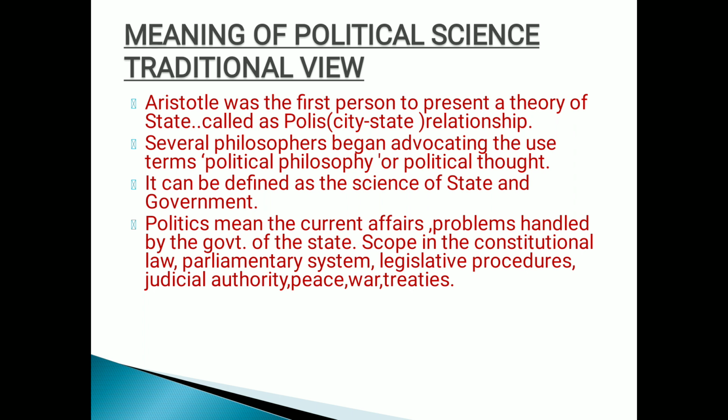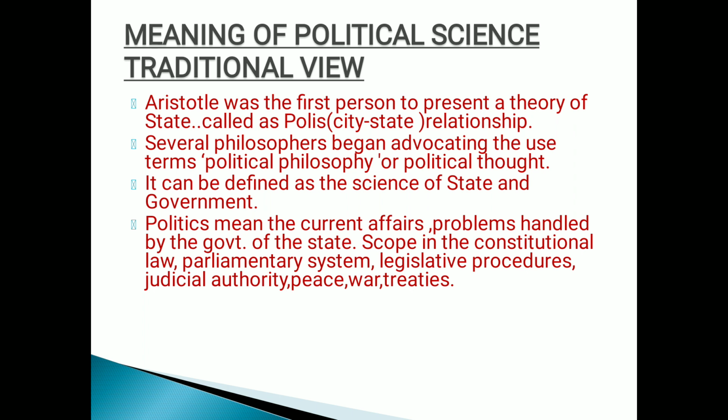Later on, several scholars came up with the view that since their major concern was the study of state and government, it was essential to designate the subject as political science, or science of state and government. So I hope till here you have understood what political science is according to the traditional view. It revolves around the science of state and government. Clear? Let's move on to another slide now.